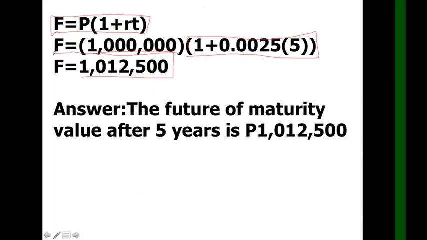Yung unang nabigay ko na instruction, kung hindi mo nakuha, again, pwedeng ganito ang gawin mo. 0.0025 times 5, click equals, plus 1, click equals, times 1 million, click equals. You will get 1,012,500. Okay? So, the future or maturity value after 5 years is 1,012,500.